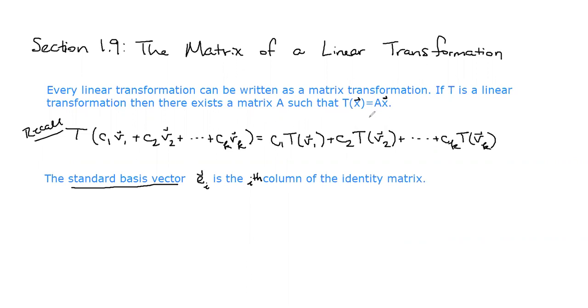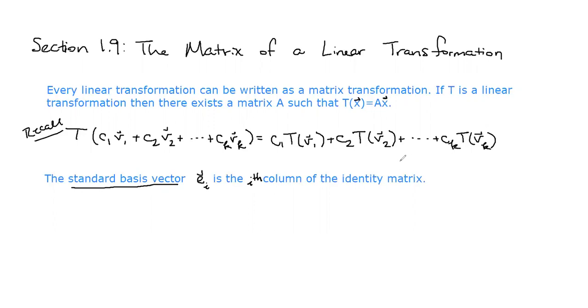The way that we're going to do this is we're going to use the last thing that we talked about in our last video on section 1.8. So recall that if you take the transformation of a linear combination, you could also take the transformation of the individual vectors first and then combine them afterwards. We're going to take advantage of this.